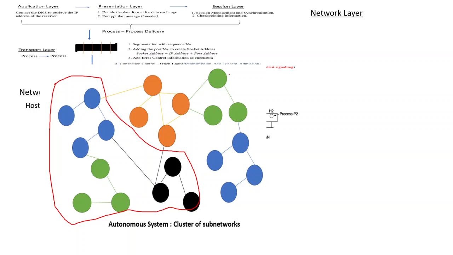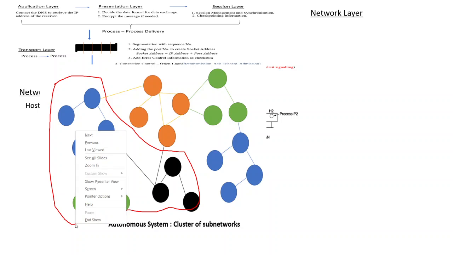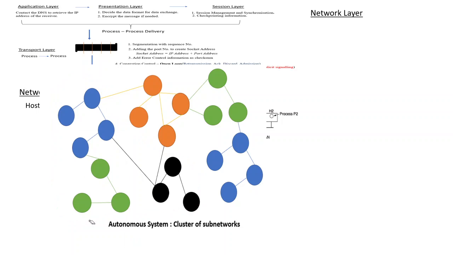Next we are taking these networks together, say this orange and green together, and we are calling it autonomous system 2, and so on. In this way, the entire internet network is divided into domains or autonomous systems, and it will be easier to manage information regarding them. So that is point number 1.